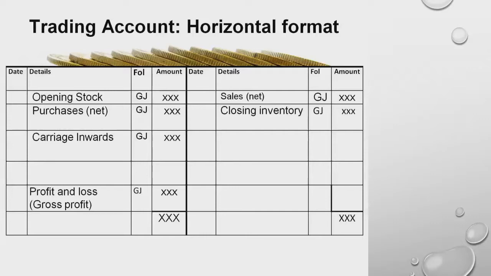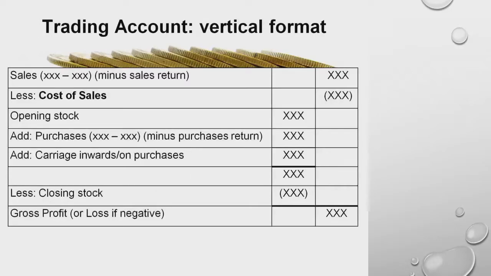That is a format. Opening stock plus purchases plus carriage inward, minus sales minus closing inventory, then you get your gross profit. That's the format.